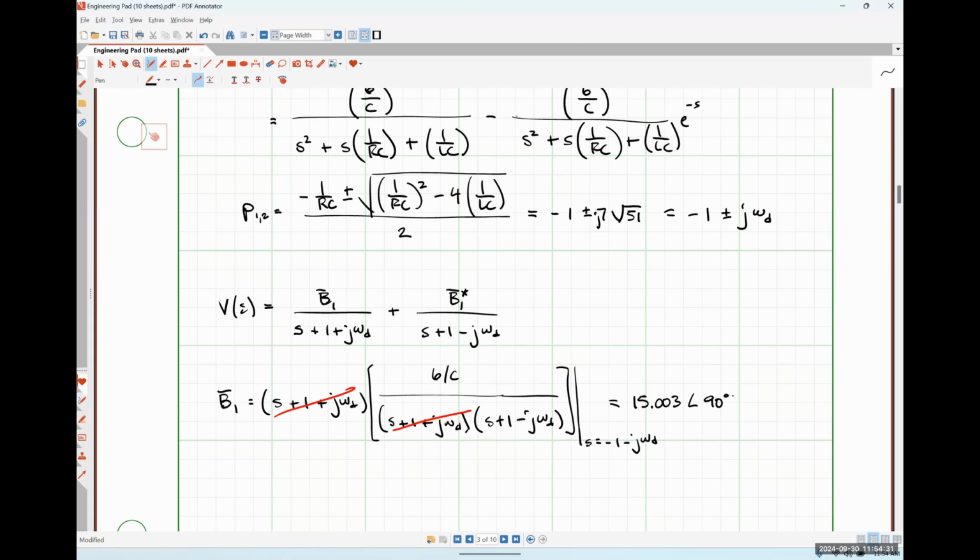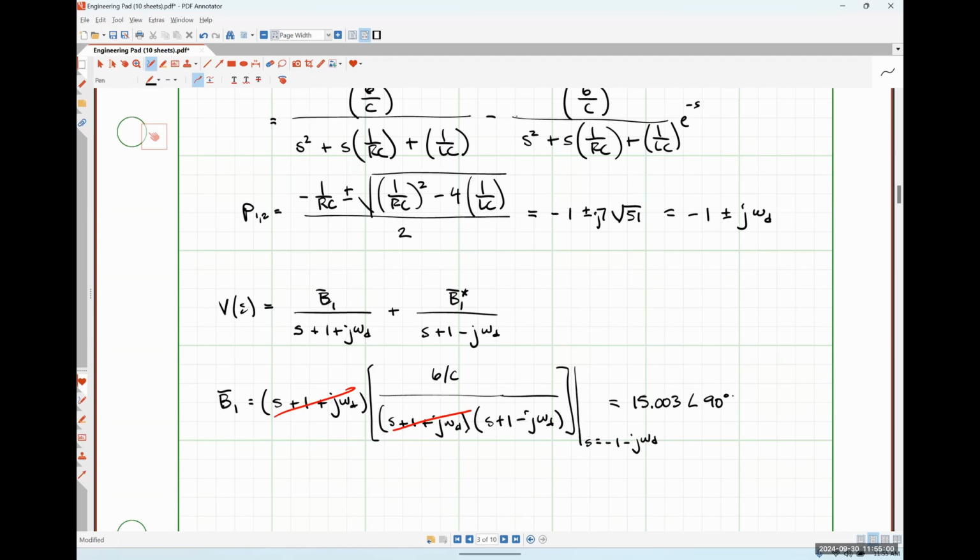No, so these are complex conjugate poles. Where does the conjugate come from in the case of one? So for B1, we multiplied by S plus 1 plus j omega d and evaluated it at whatever makes that thing equal to 0.